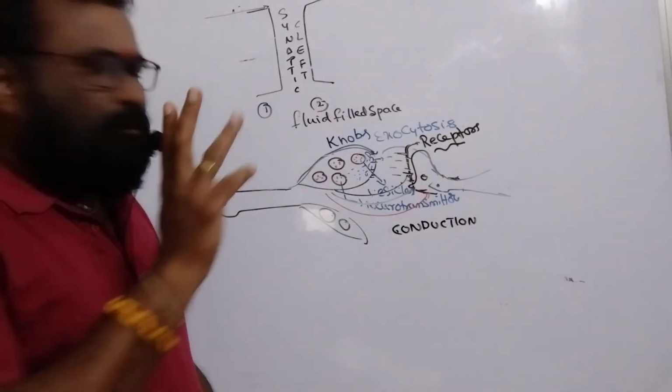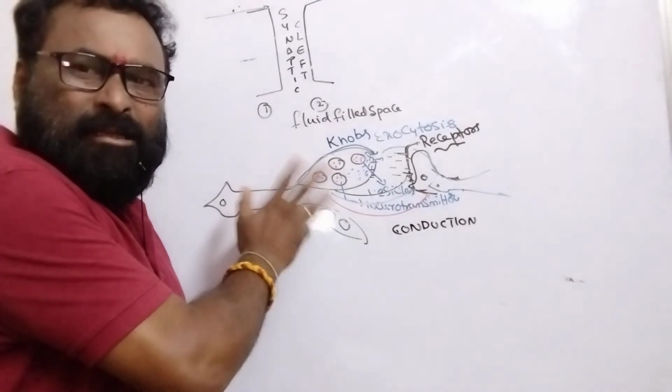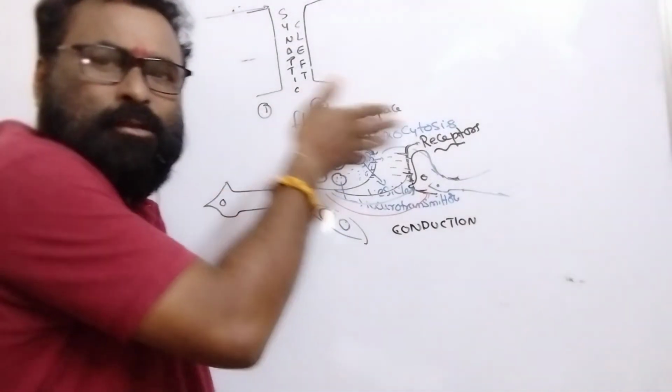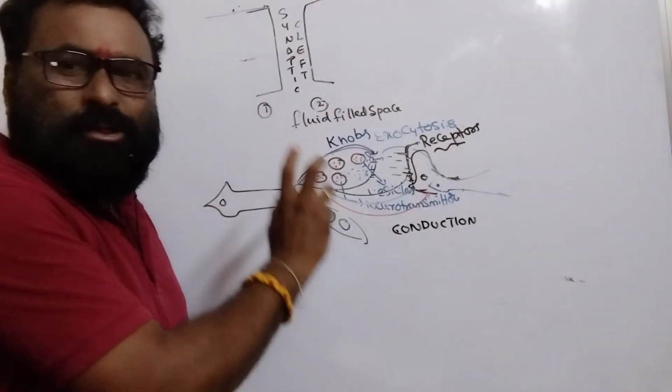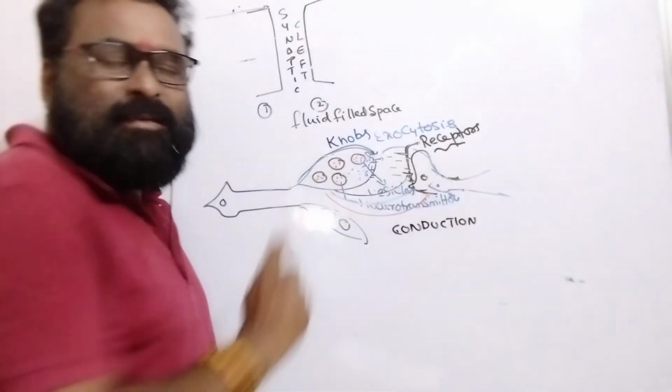Again I am saying, the action potentials moving from this nerve cell to the next should have the capacity to conduct an action potential in the next nerve cell.